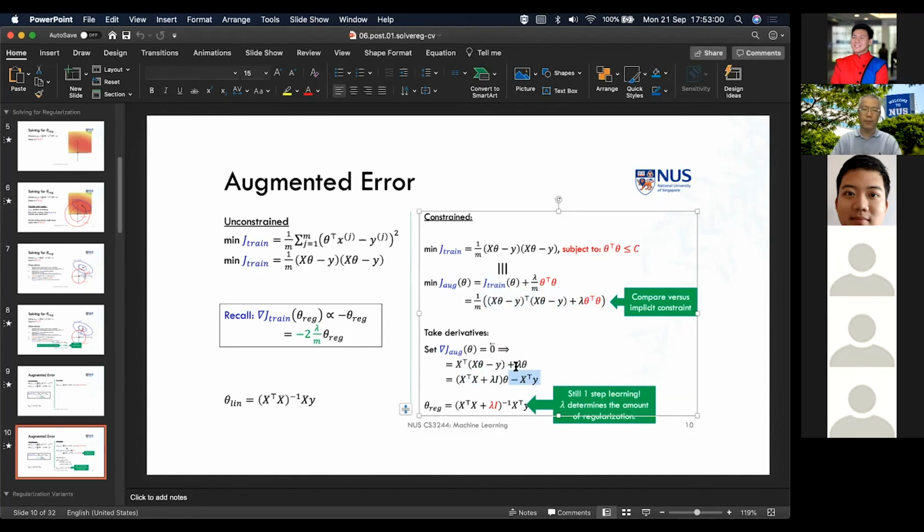And this part here we just carry over. So we'll get a lambda constant, sorry, it's a scalar, and we'll have the identity matrix to make it work in the vector representation.